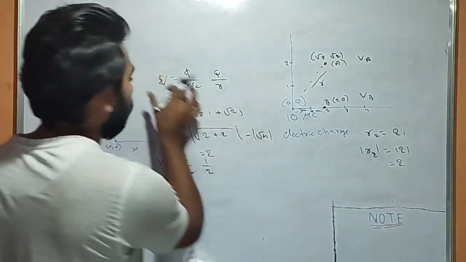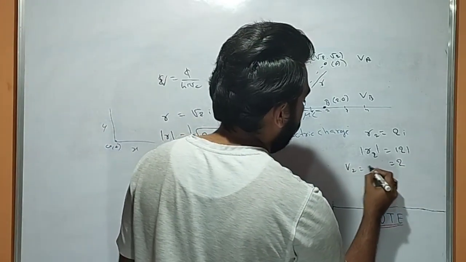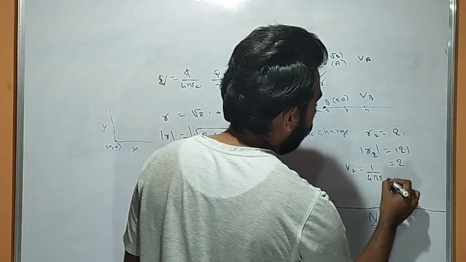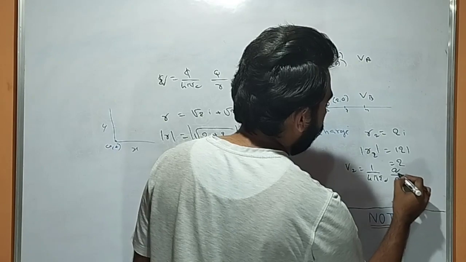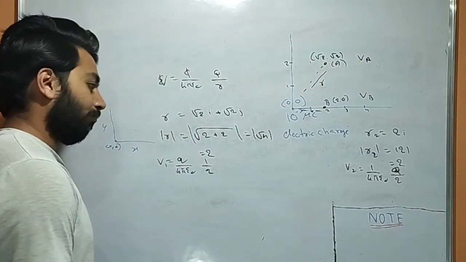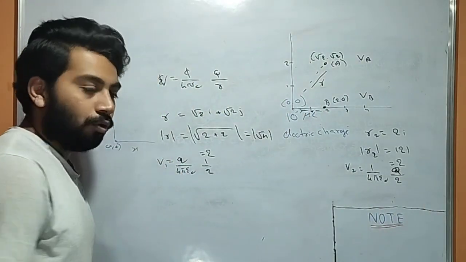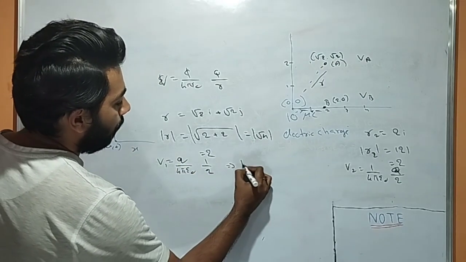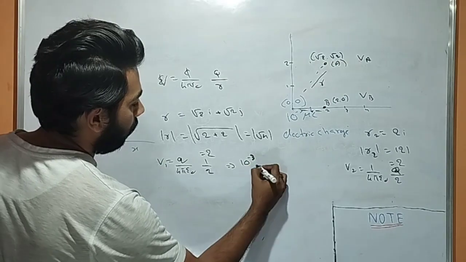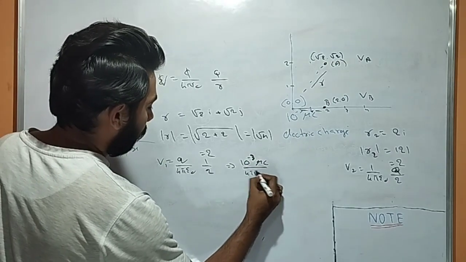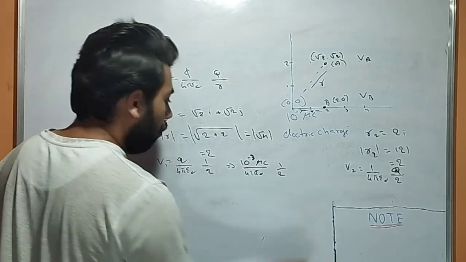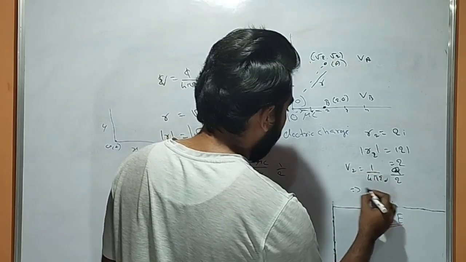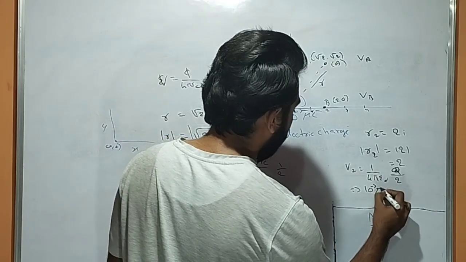So when you write this too, it becomes 1 by 4 pi epsilon naught, Q by 2. Now we know the value of Q. What will be the value of Q? In this place, the value of Q is equal to 10 to the power of minus 3. Here also the value will be 10 to the power of minus 3.